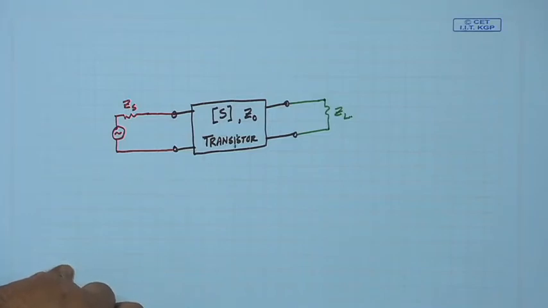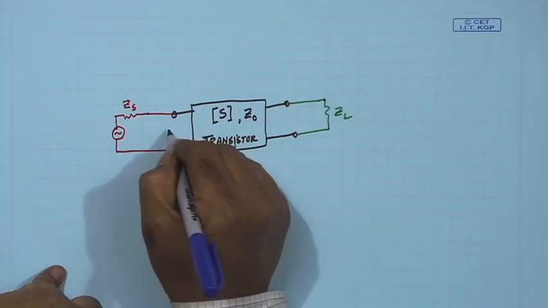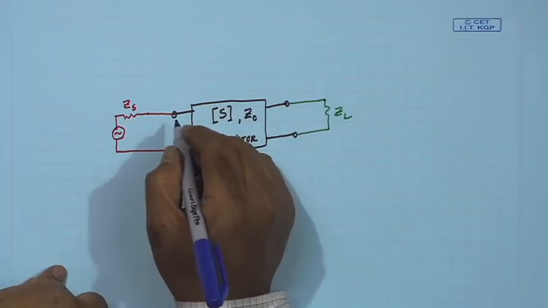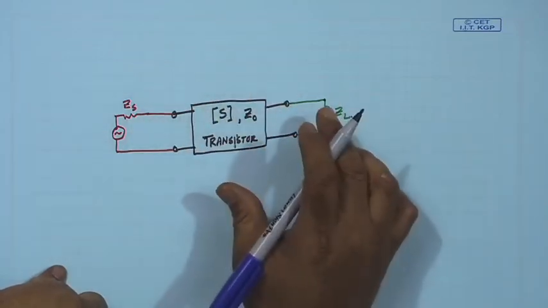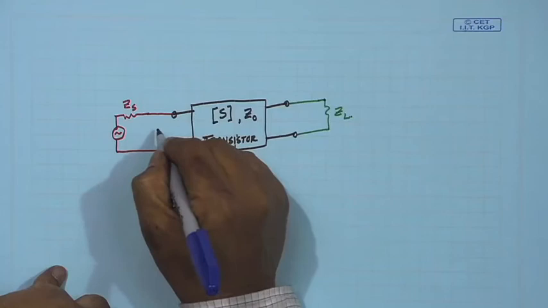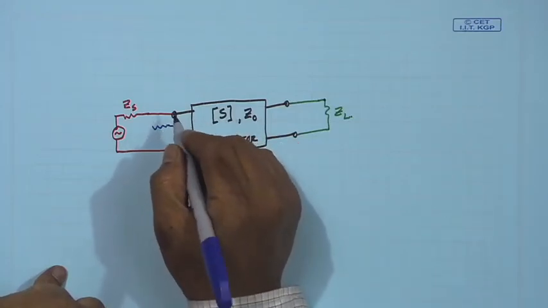Now, let us see what happens to the waves here. The terminal voltage here is V1, but we know that at high frequency, actually at all frequencies, but at high frequency we generally cannot neglect that actual signal propagation is in the form of waves, and the scattering parameter is defined in terms of those voltage waves.